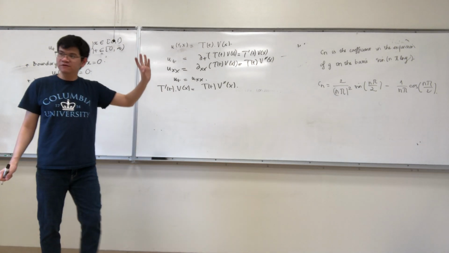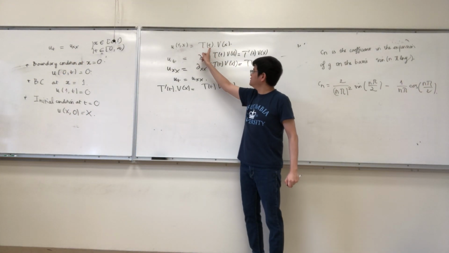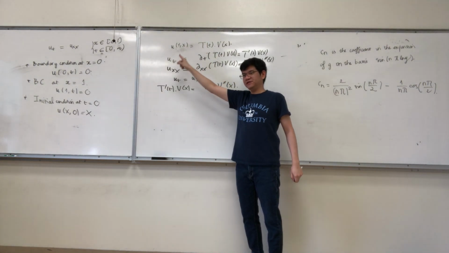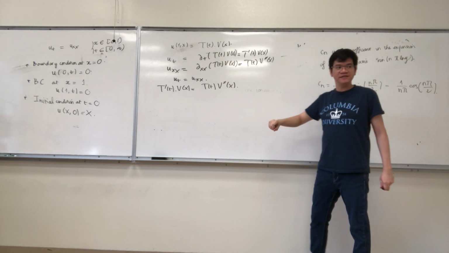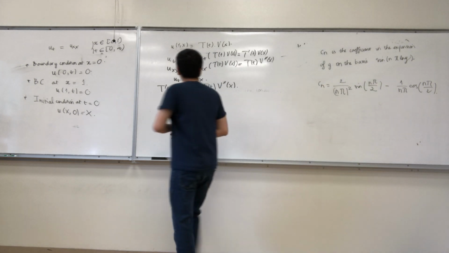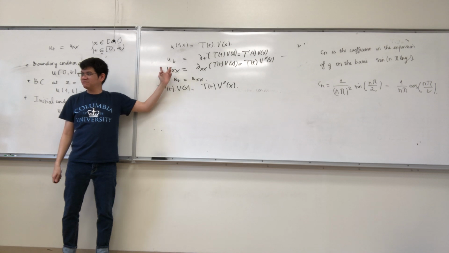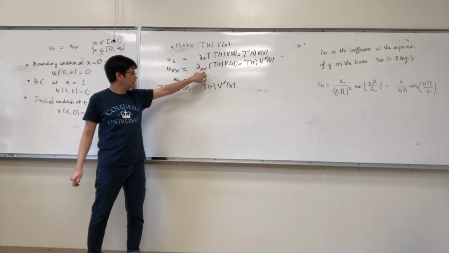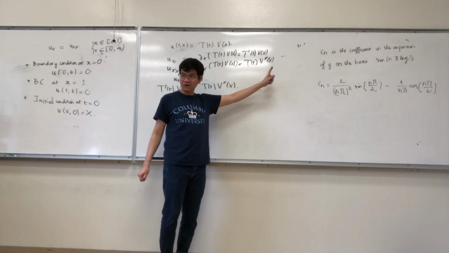We're going to use the same method. You have u(t,x) will be T(t) times V(x). So the derivative in time of this will be d_t of T times V(x), and this gives you T'V(x). Now I'm going to take the second derivative in x of u, and then I get u_xx will be d_xx of TV, and this gives me T times V''(x).